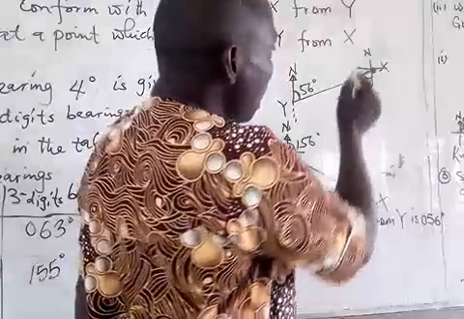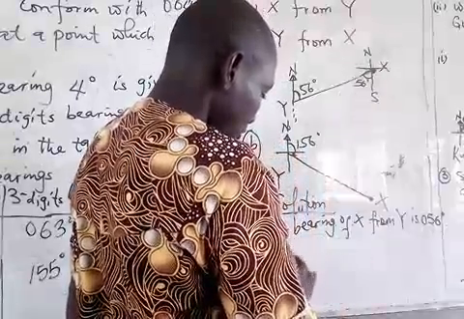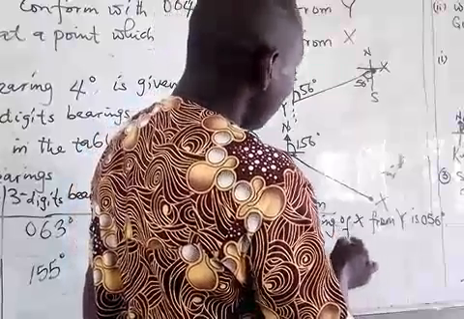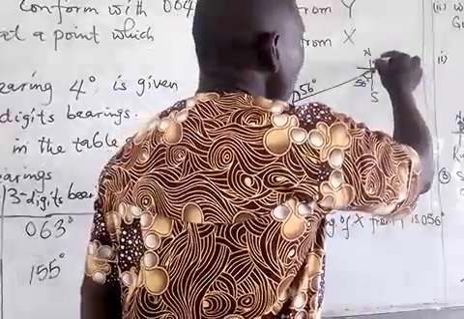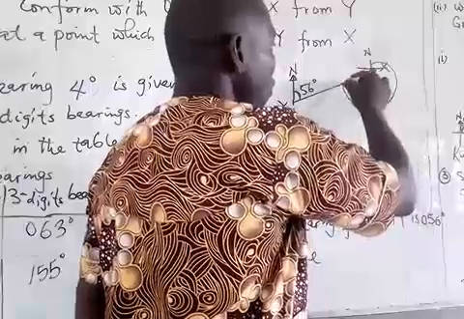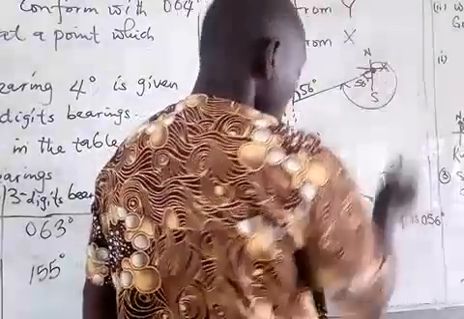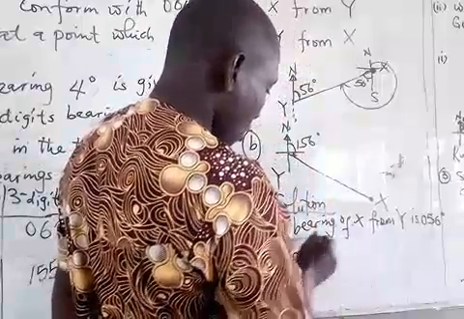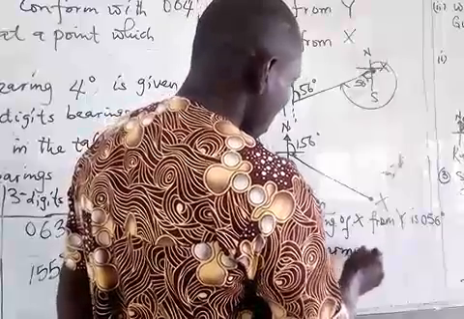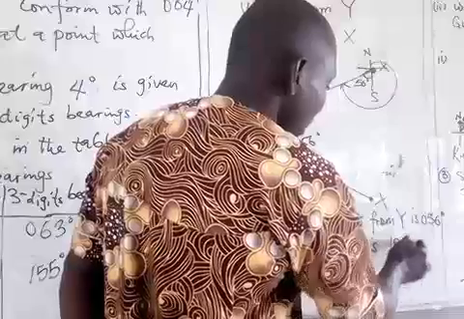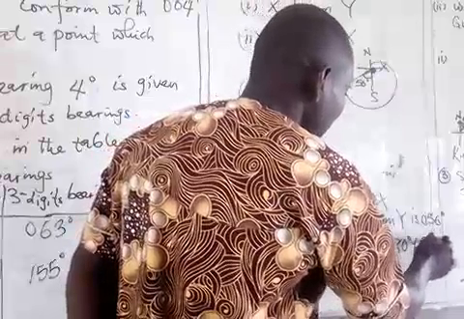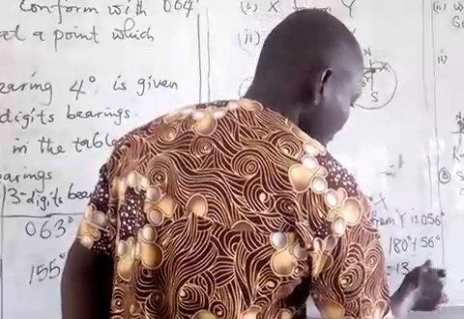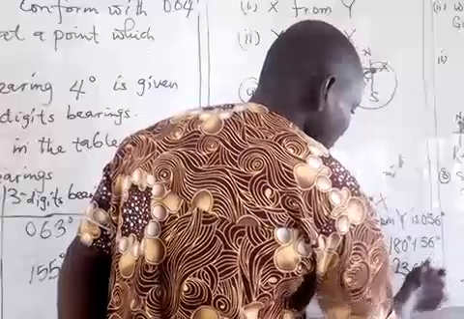So, when you turn from this point till you get to this point, the bearing is 180 degrees plus 56 degrees, which is equal to 236 degrees.